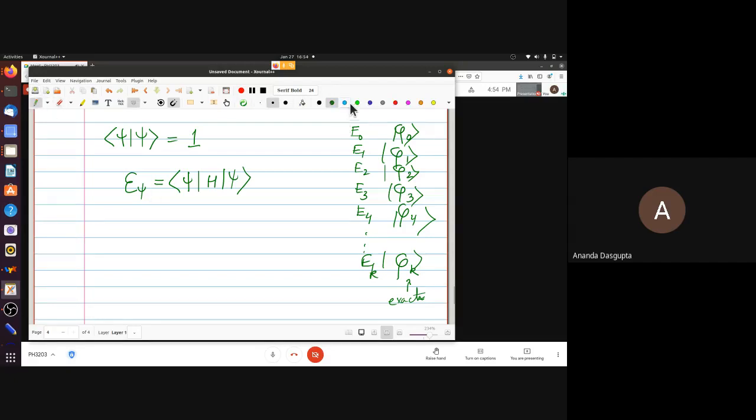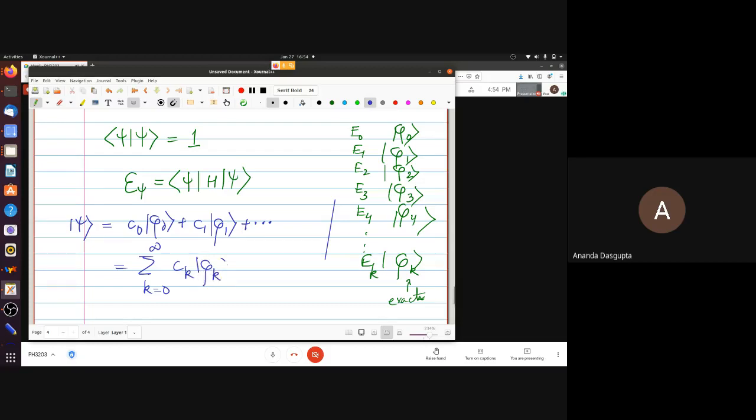So in general, the ket psi, or the wave function psi, you can just think of it that way, is some C0 phi 0 plus C1 phi 1, right? Or sum over k going from 0 to infinity of ck phi k.